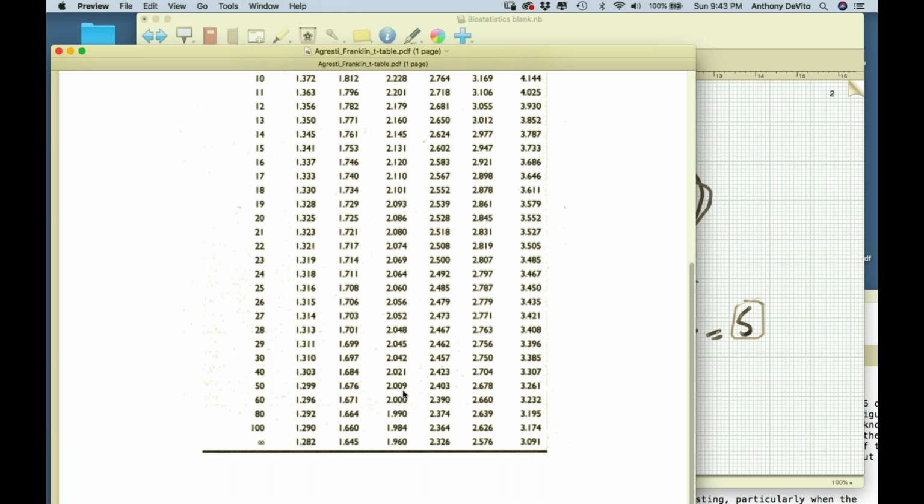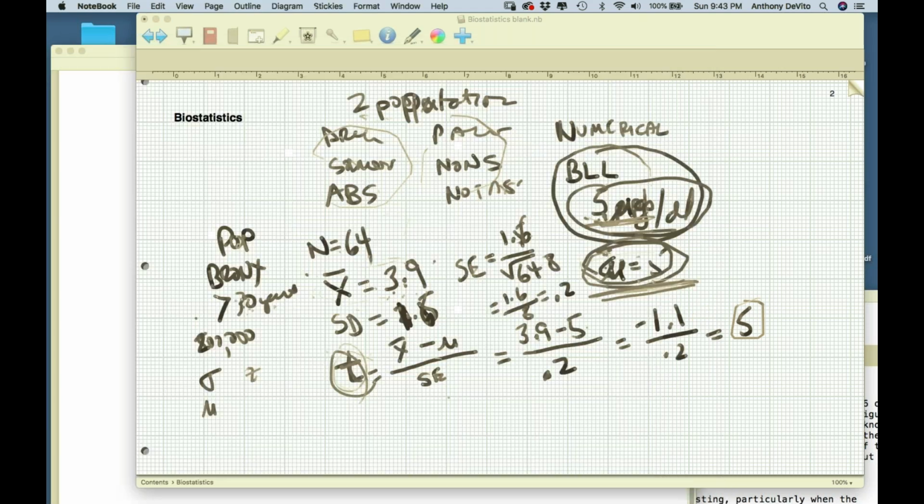They have to be 2 standard deviations apart. My t-score has to be 2 in order to be 95% certain that these two things are different. That's called my critical value of 2. If the t-score I calculate is bigger than that critical value of 2 that I need for a sample size of 60 or 64 in this case, then I can say with 95% certainty that they really are different, right?